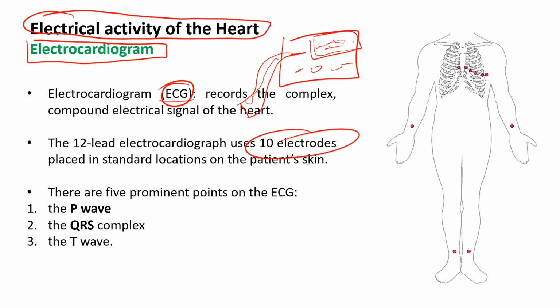And what you need to know for your exams is the most basic part of the EKG, which is to be able to identify the P wave, QRS complex, and T wave.